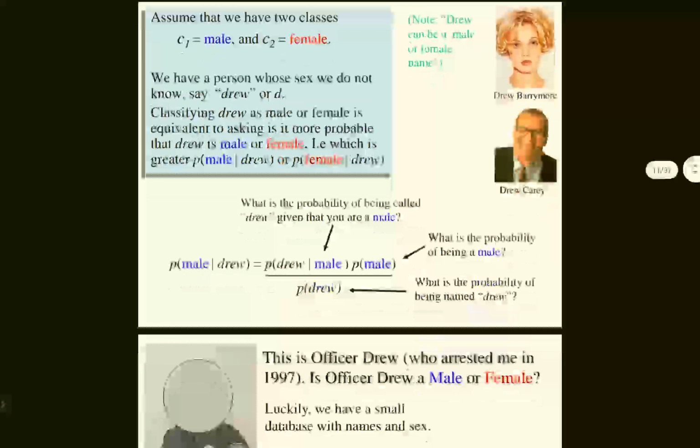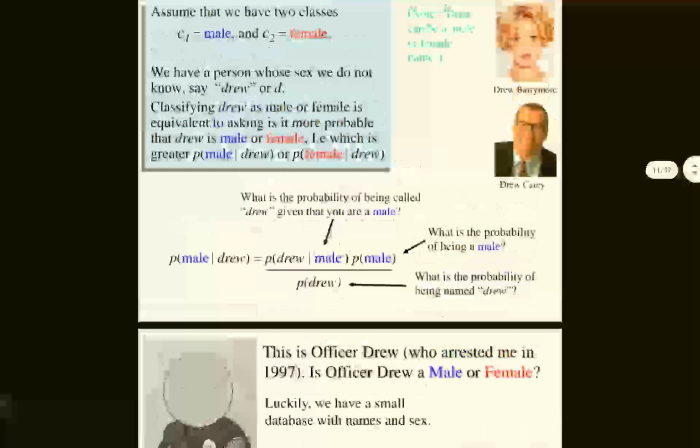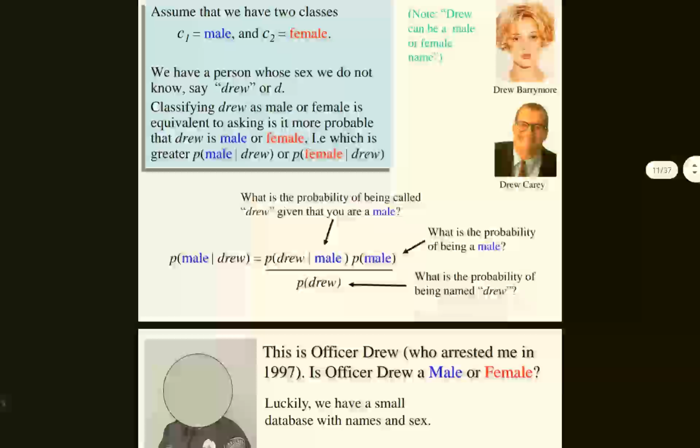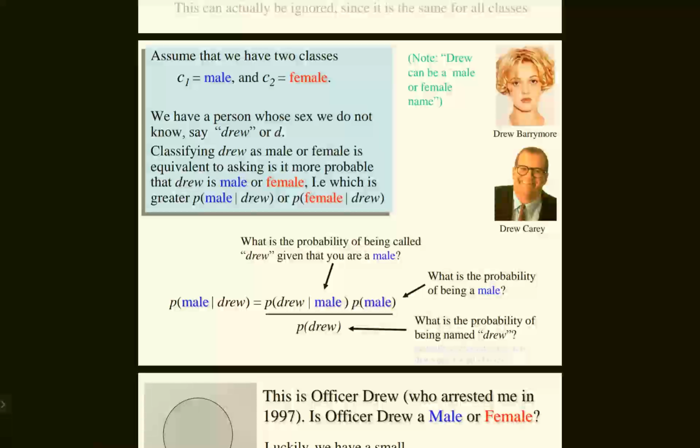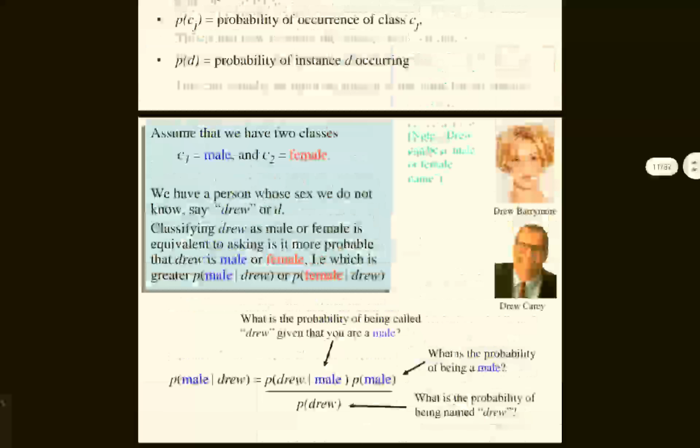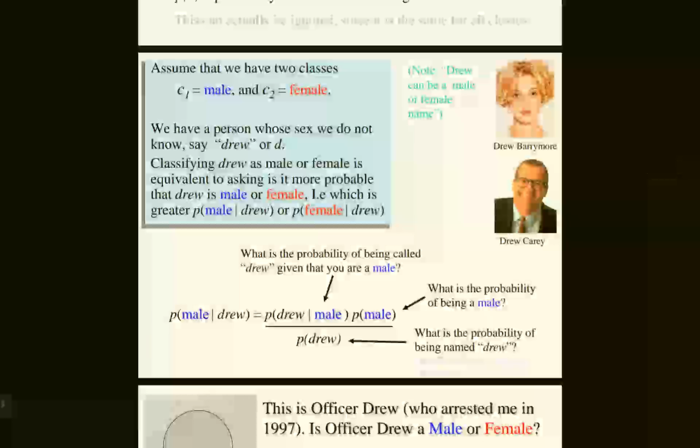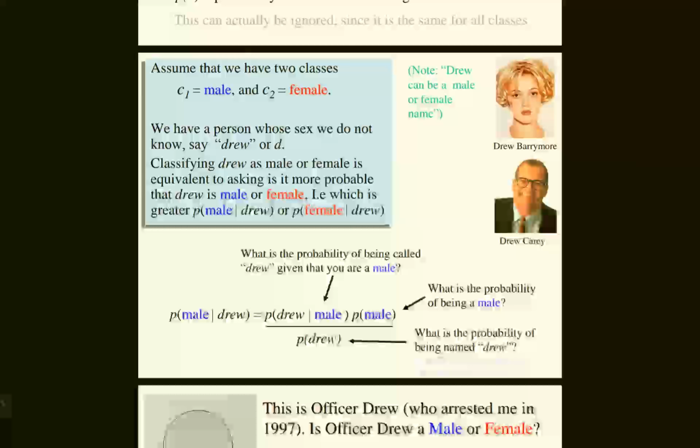According to this theorem, the probability of male, where male is a class and Drew is an instance, equals the probability of Drew given male times the probability of male, divided by the probability of Drew.